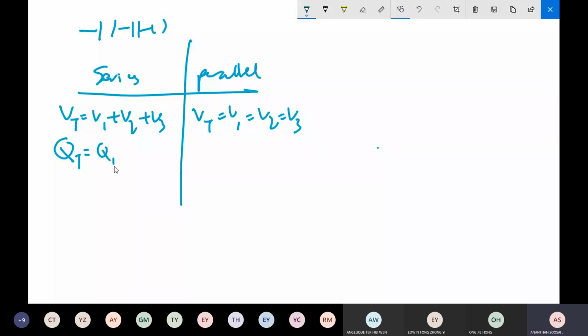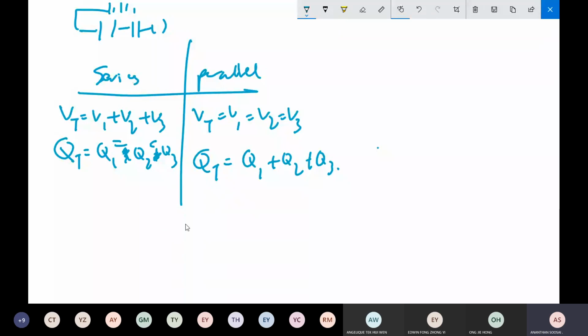For series, Q is the same. Sorry, I made a mistake. Same current flows anyway, so same charge. For parallel, Q total is Q1 plus Q2 plus Q3.